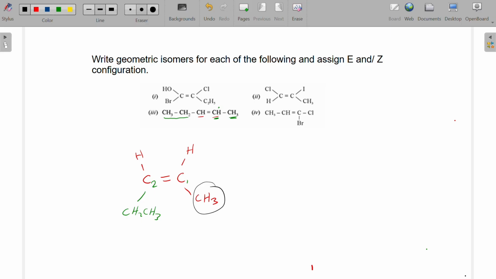So this group here is our group of interest on this side. Then here we have this hydrogen connected and we have this carbon connected directly. Again, between hydrogen and carbon, carbon has a higher atomic number. So this is our group of interest here. So the first one I've drawn here has the priority groups on the same side. That implies we have a Z isomer.